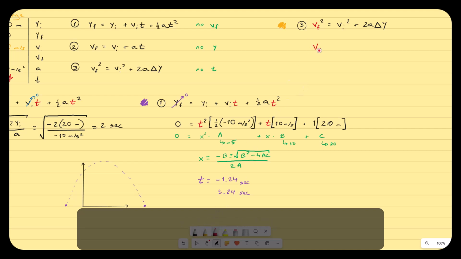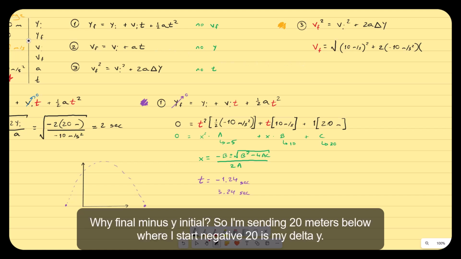V final is going to be the square root of v initial, so 10 meters per second squared, plus 2 times the acceleration times delta y. Y final minus y initial, so I'm ending 20 meters below where I start. Negative 20 is my delta y.